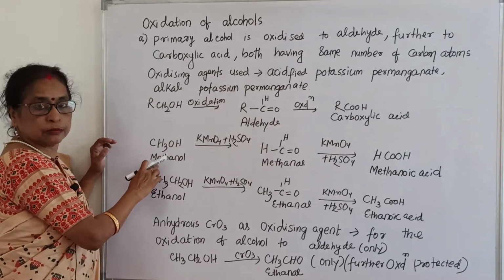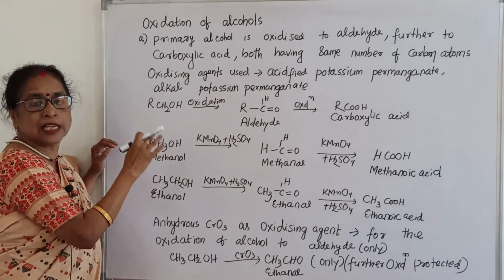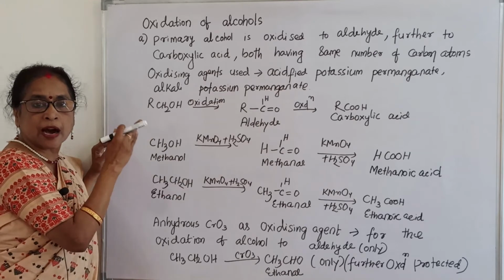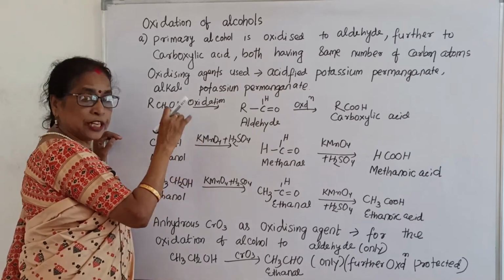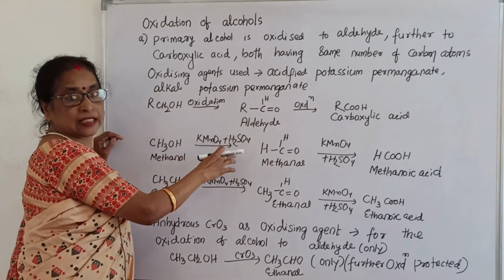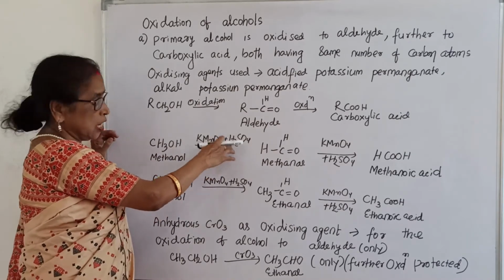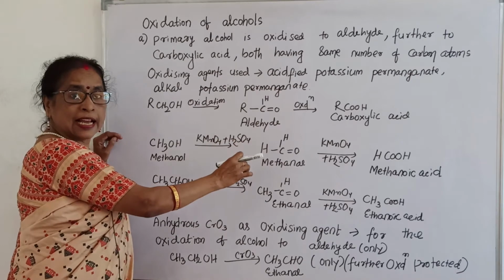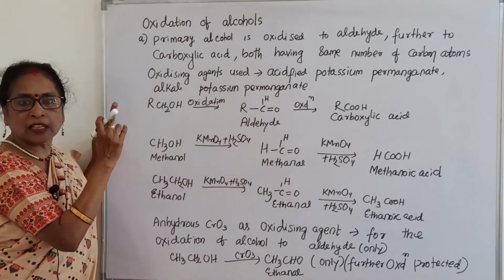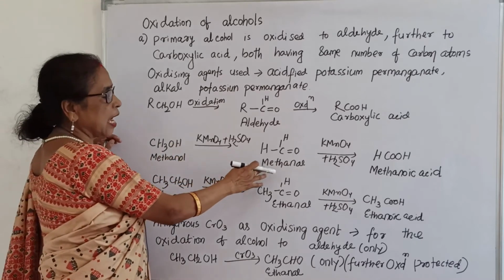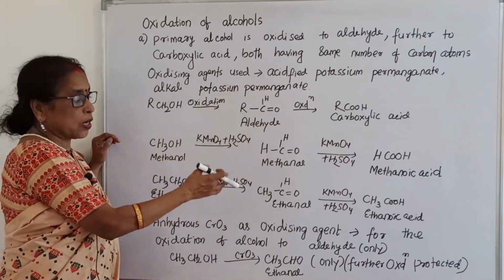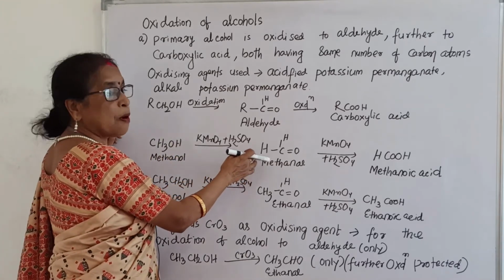Now methanol. What is the methanol formula? CH3OH. What is the number of carbon atoms here? Only 1. When treated with acidified potassium permanganate, that is with dilute sulfuric acid, it should give aldehyde. Then with 1 carbon atom, what is the aldehyde? That should be methanal, or you can say, what is the common name?